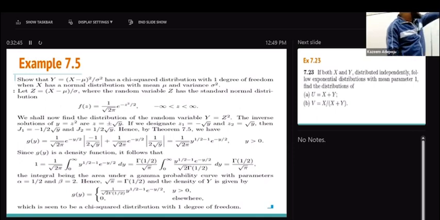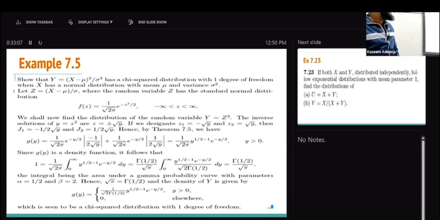Then you're now going to substitute for z squared in the function. When you substitute for z squared, that's going to be y. Then you plug in the first Jacobian, you plug in the second Jacobian, you add them up. Look at that. When you add them up, since they are the same, you're basically going to have 1 over square root of 2 pi, y raised to the power half minus 1, exponential raised to the power.